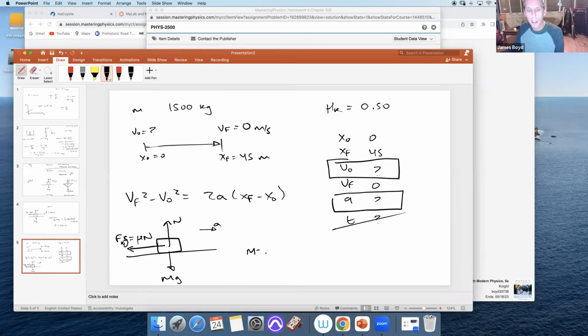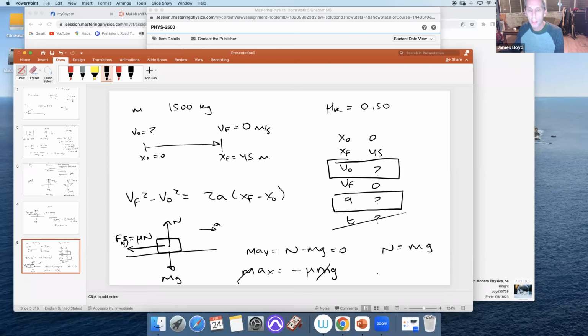So if I write the y, it's n minus mg, but we already know that, and it can't leave the surface, so n is mg. In the x, we have negative, because it's opposite our acceleration, negative mu n, which is negative mu mg.